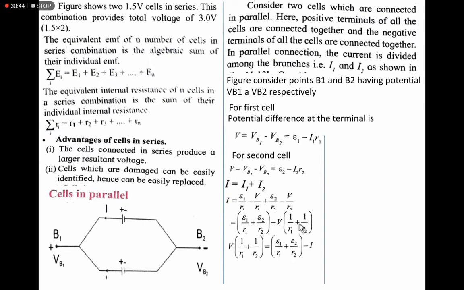Then this negative term goes to the right hand side and becomes positive, and I to this side becomes negative.